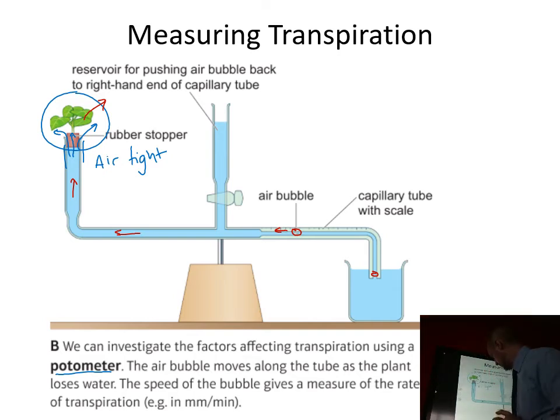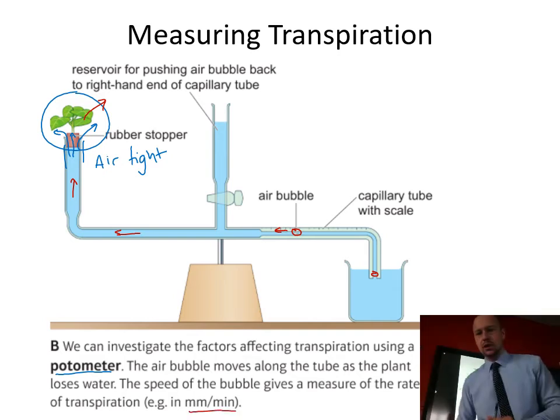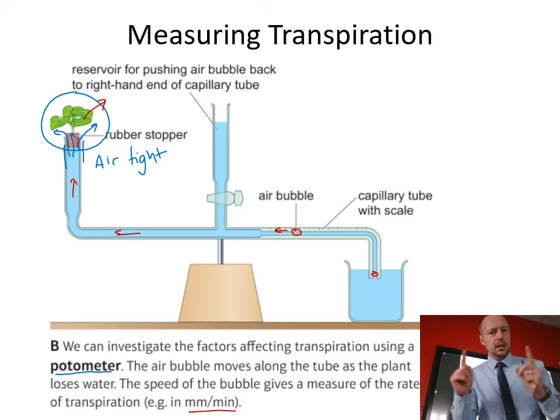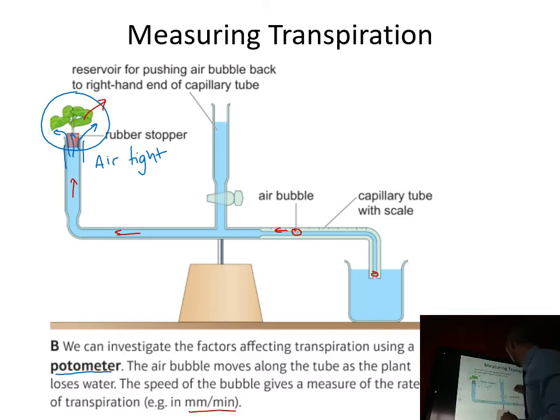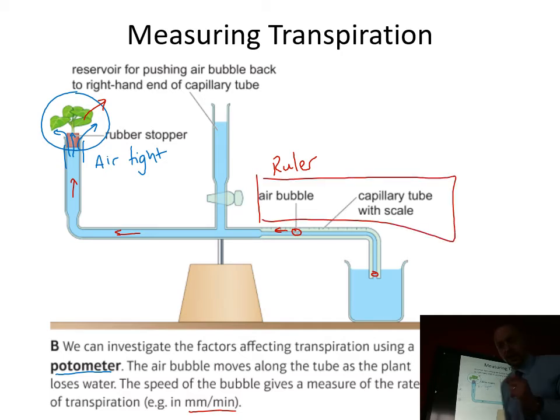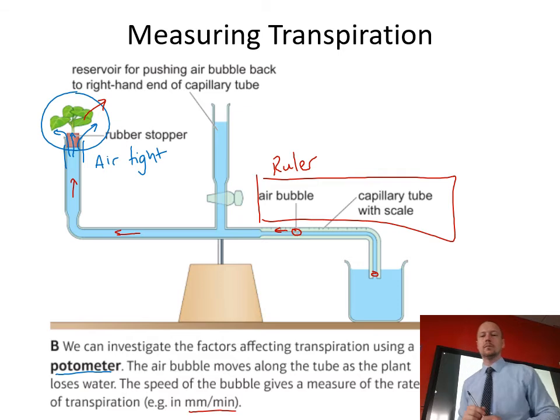So what it says here is millimeters per minute, how many millimeters it would move through here. So we'd need a ruler. We'd put a ruler here and physically measure how far the bubble's moving in a certain amount of time. So we could measure rate like that.